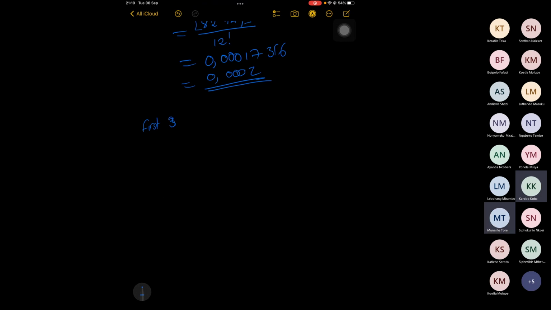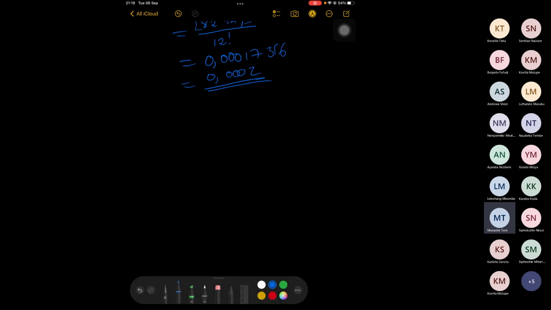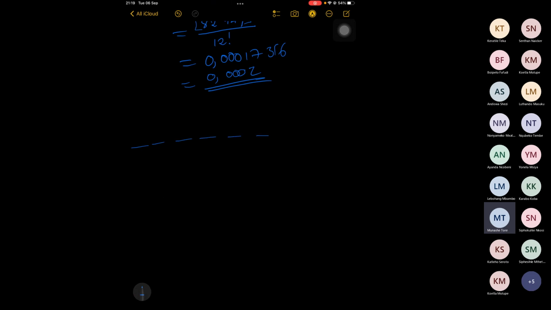Okay, what you do is you do it the way you've been doing it. You are told the first three are supposed to be BMWs. You just group them the way we have been doing. So this is 12, and you know these three are supposed to be BMWs. How many BMWs do we have? Four. How many are we choosing? Three. In how many ways can you group them? In three factorial ways.